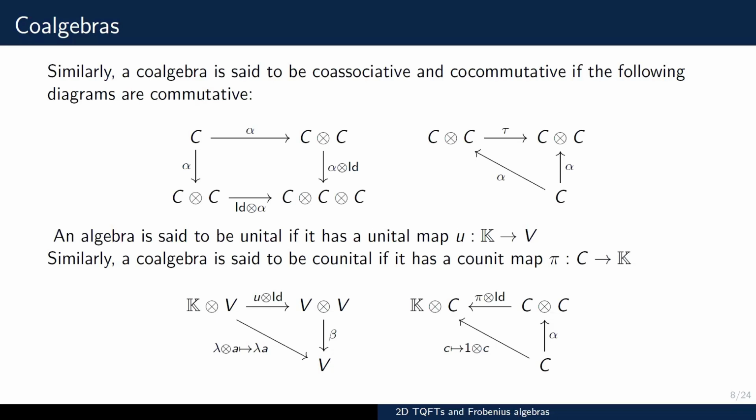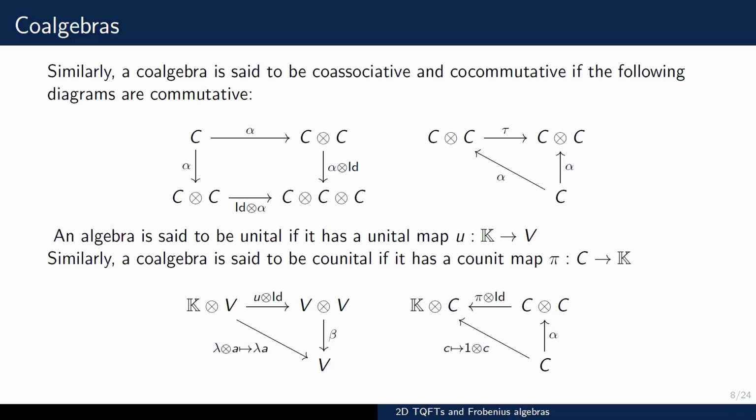And it too needs to satisfy a commutative diagram. So basically, co-associativity, co-commutativity, and co-unitality all just need certain commutative diagrams to be satisfied. So that's all we need to know about coalgebras for now.